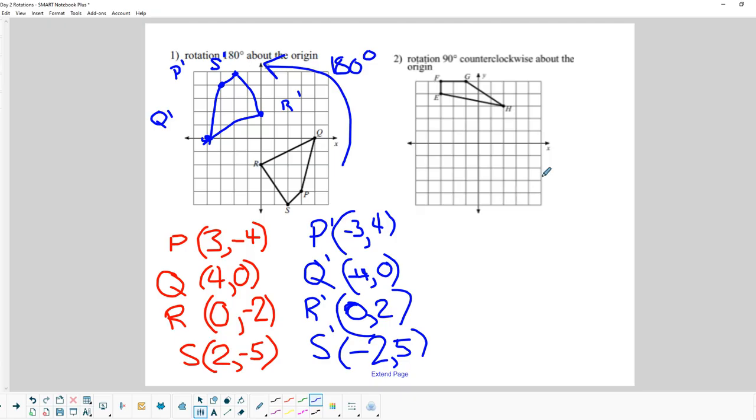Okay, so we try number 2. This is a 90-degree counterclockwise rotation. So let's look at those. We got E. E is at negative 3, 4.